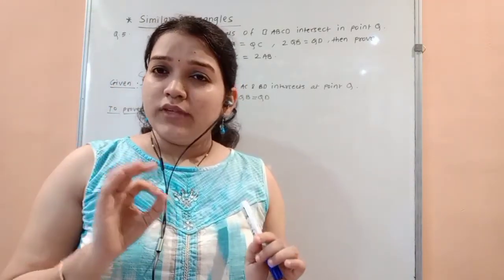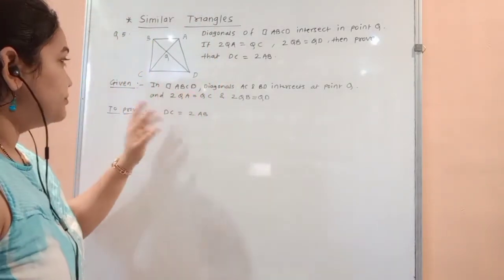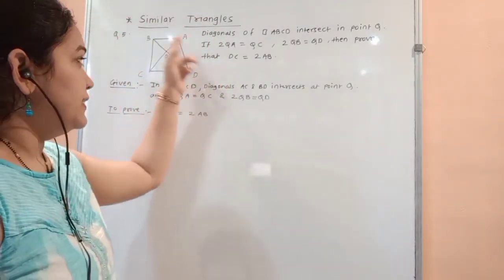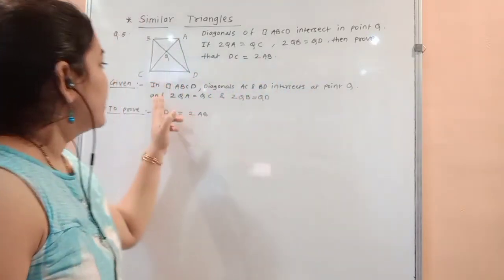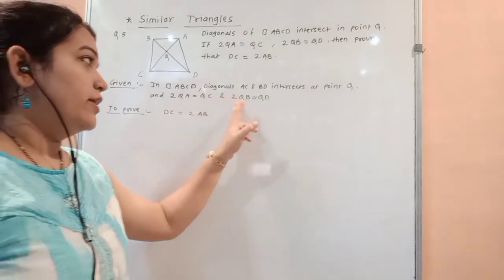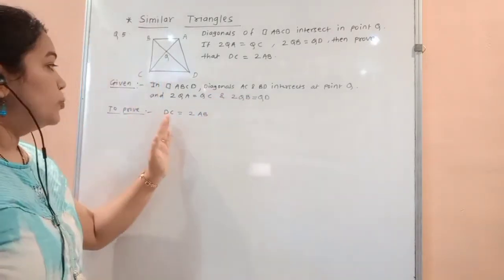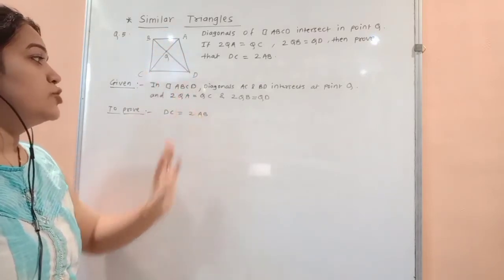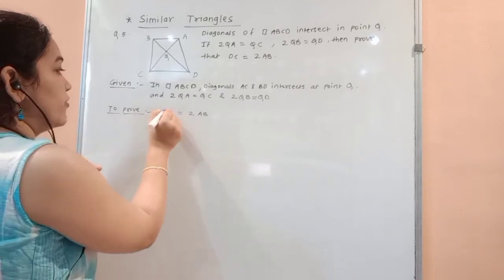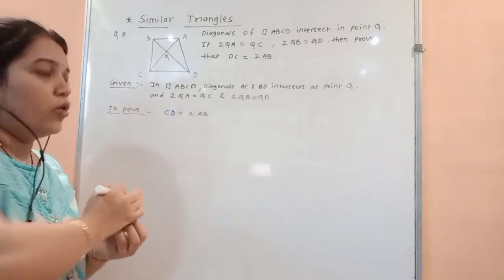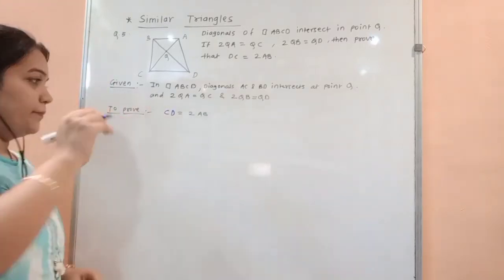Proof is very simple students, just understand. First write given: in quadrilateral ABCD, diagonals AC and BD intersect at point Q, and 2QA is equal to QC and 2QB is equal to QD. Now to prove: DC is equal to 2AB. Instead of DC you can also write CD, nothing is different.